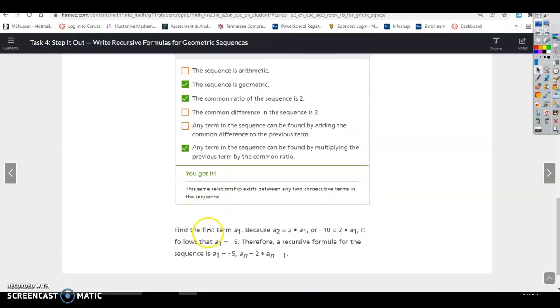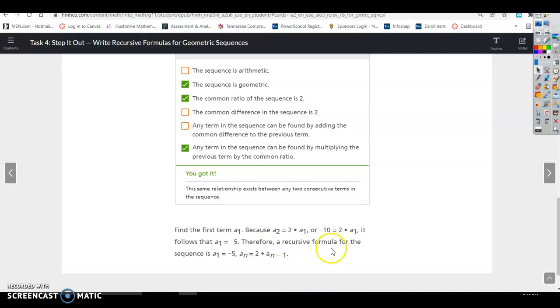And then it says find the first term, a sub 1, because a sub 2 equals 2 times a sub 1, or -10 equals 2 times a sub 1. It follows that a sub 1 is -5. So all they did was plug in information they already knew to find their first term.